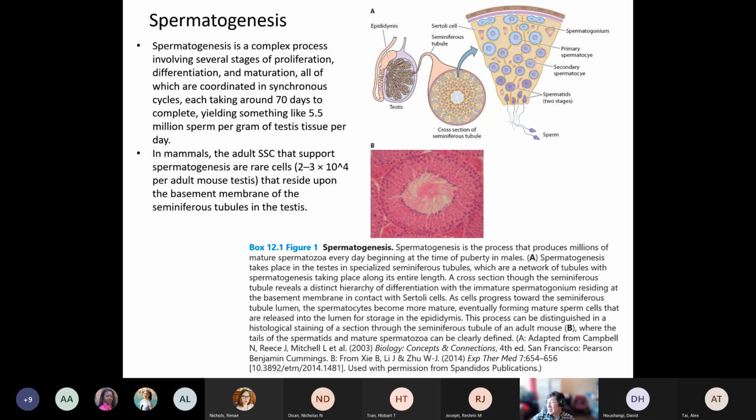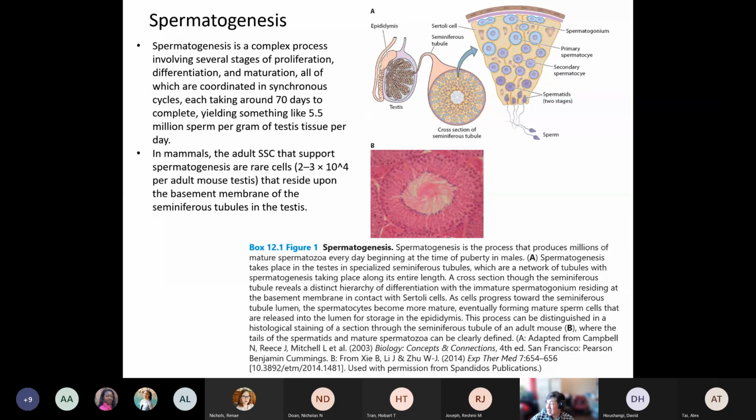Like shown here, the yield is about 5.5 million sperm cells per gram of testis per day. The per gram of testis tissue is not one testis, just 1 gram of testis tissue per day will give rise to 5.5 million sperm.